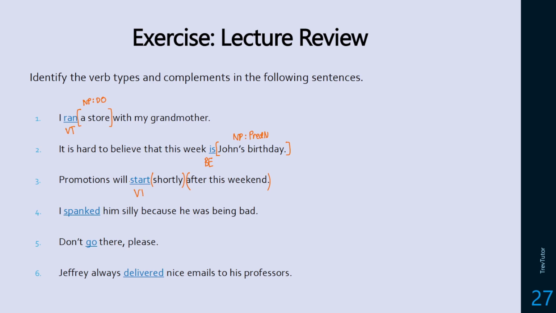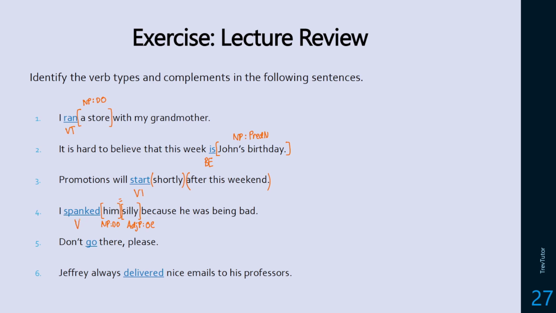Now, in terms of I spanked him silly because he was being bad. What are we doing here? Well, we know we're spanking someone, and spanking in this case is more non-literal. It's just like becoming. So what we have here is we have a noun phrase direct object him, but we also have an adjective phrase silly that is acting as an object complement because we have like I turned him silly.